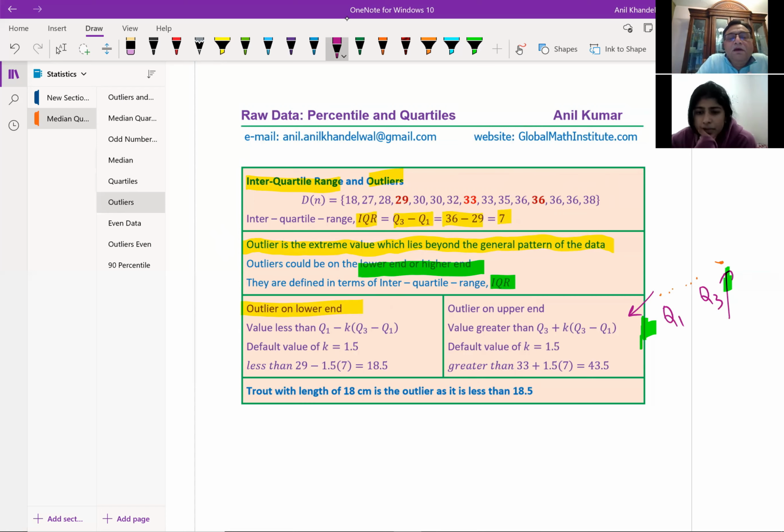So you recalculate: 36 plus 1.5 times 7 is 46.5. So the maximum value here is well within 46.5. There is no outlier on the right-hand side of this particular data set. Is that clear to you? There's only one outlier, and that is 18.